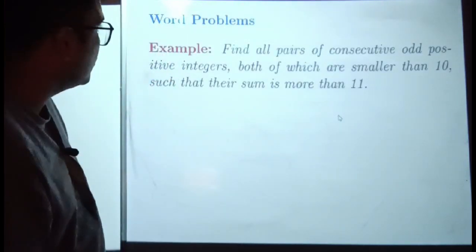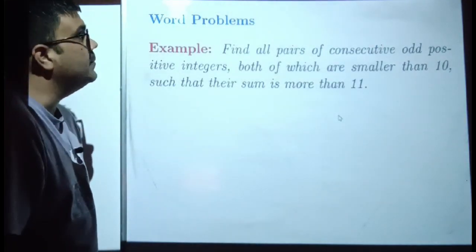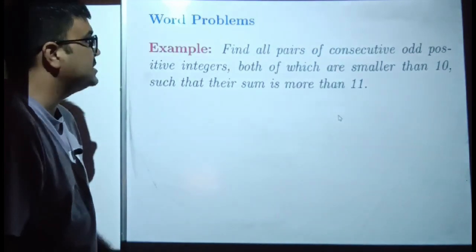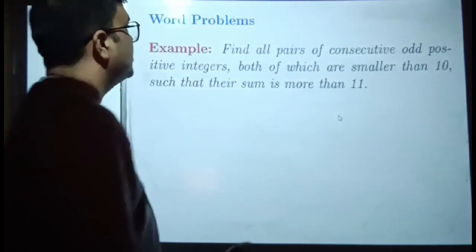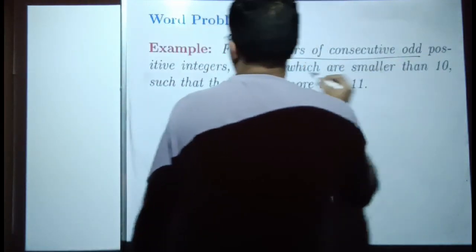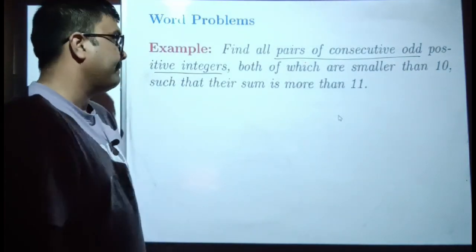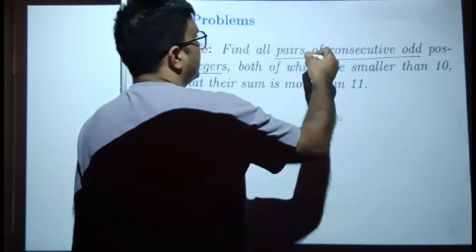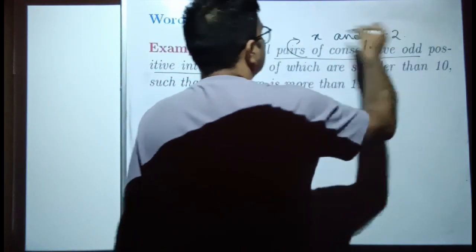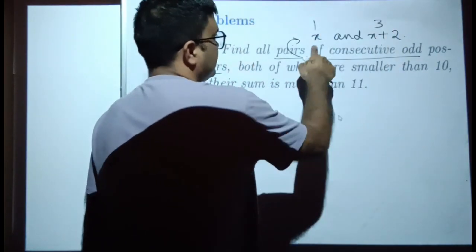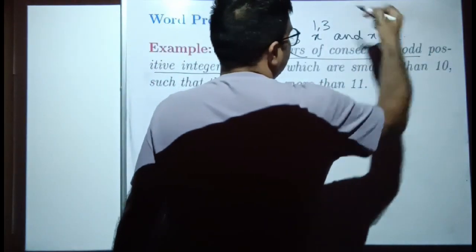Now the first problem we have is to find all pairs of consecutive odd positive integers. We are talking about pairs. So suppose the two consecutive odd positive integers are x and x plus 2. If x is 3, which is odd, then x plus 2 is 5, which is odd.